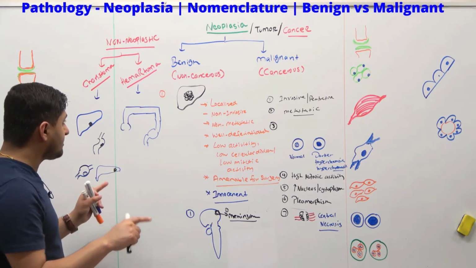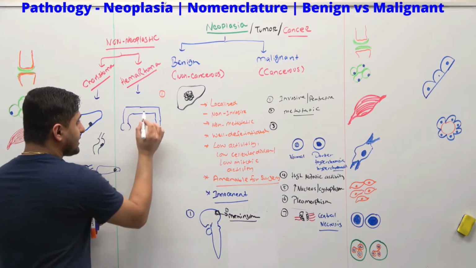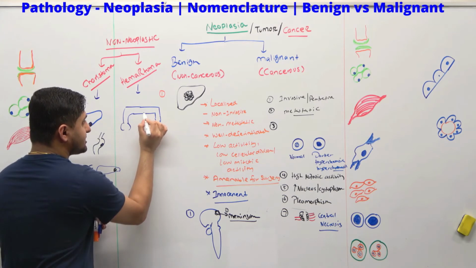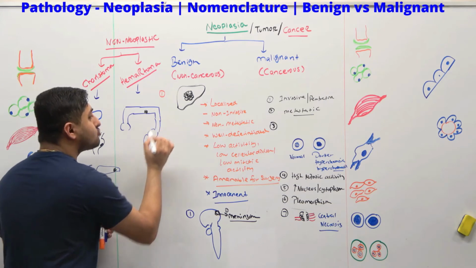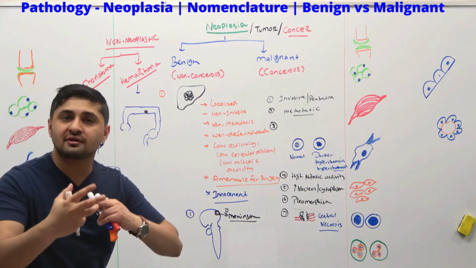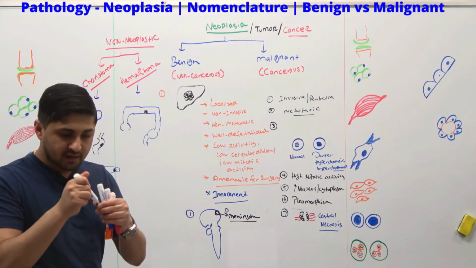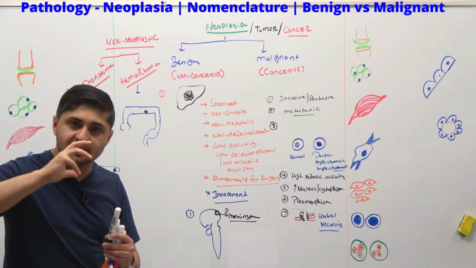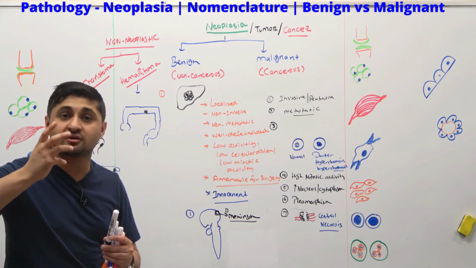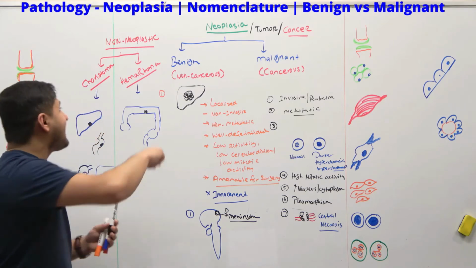So that is choristoma. But let's say this is a cell that belongs to the colon, the colon epithelium. These mucosal cells belong to the colon, but they are arranged in a disorganized fashion. The location is the same, but the architecture of the cells is disorganized. Then we call them a hamartoma.